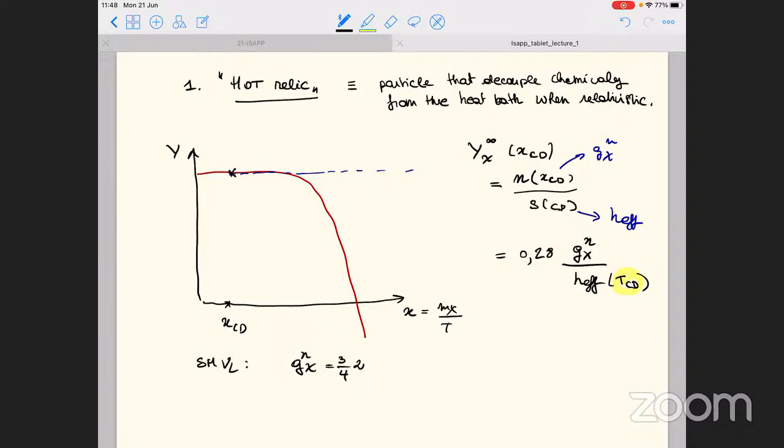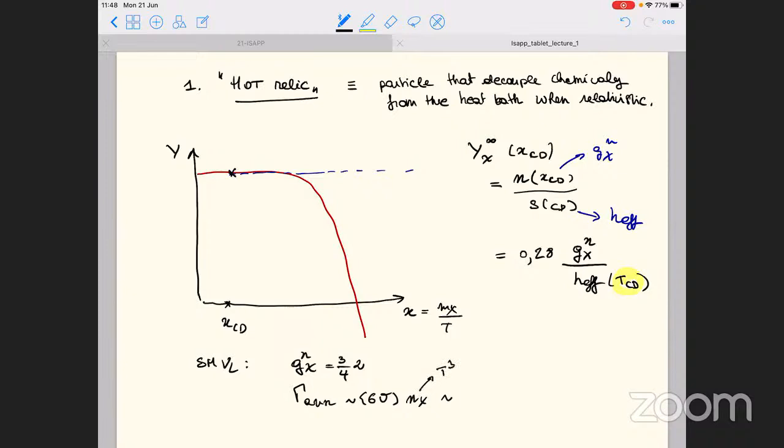For this, I have to estimate the typical annihilation rate of my particle, which is of the order of its annihilation cross-section times the number density. I'm assuming that my particle is still relativistic at the time it's interacting, so the number density essentially goes as T cubed.